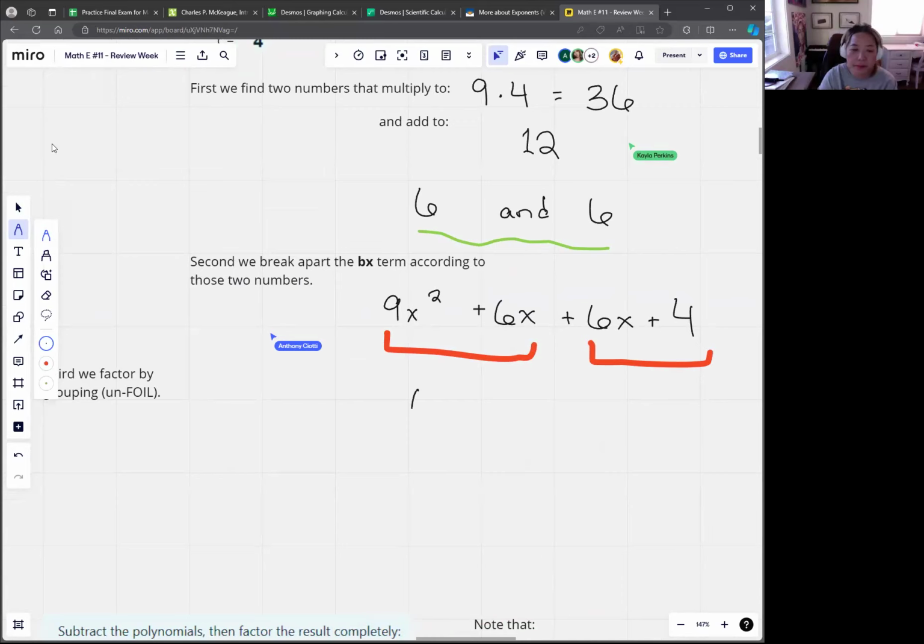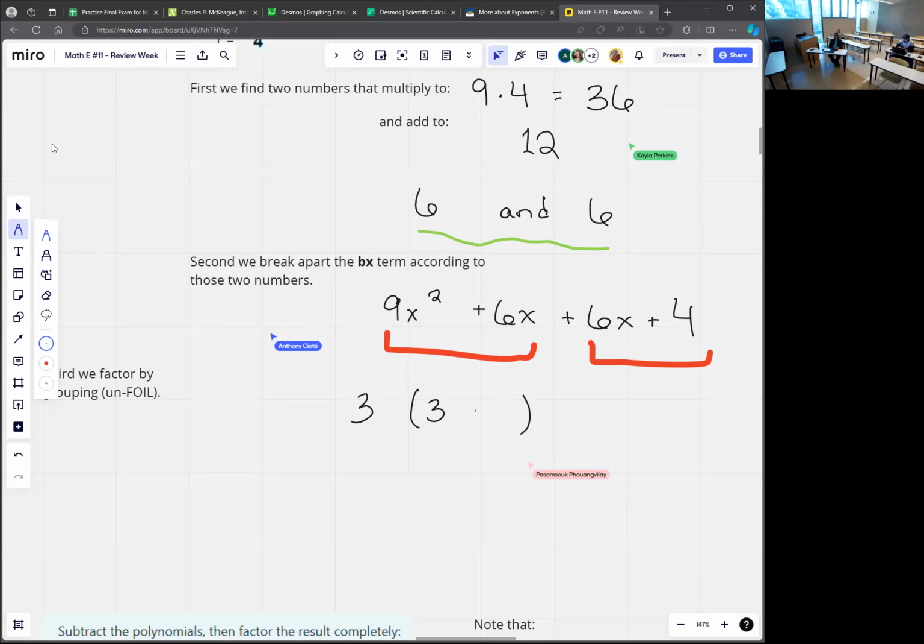What comes out in front with 9x squared plus 6x? 3. No, the 3 is fine as far as a number, but I want something else there.